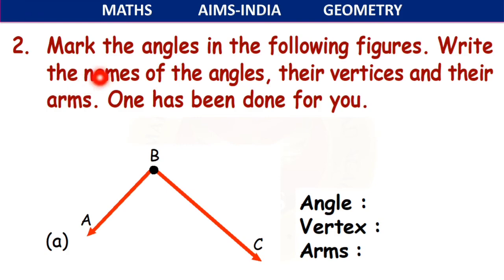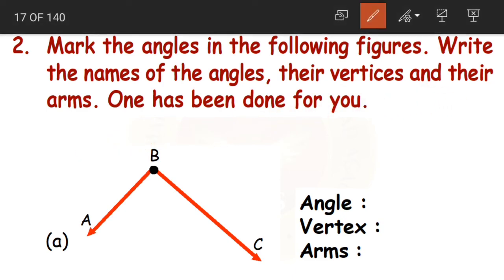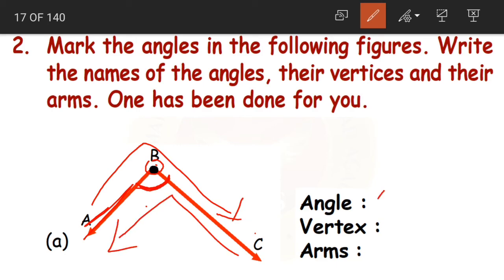Now question 2. Mark the angles in the following figures. Write the names of the angles, their vertices and arms. So what should we do? Where is the angle forming here, children? Both the rays are meeting at B, so this would be our angle. So what will be the angle name? It can be ABC or CBA. You have to put the angle symbol first.